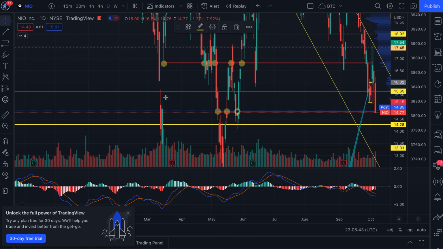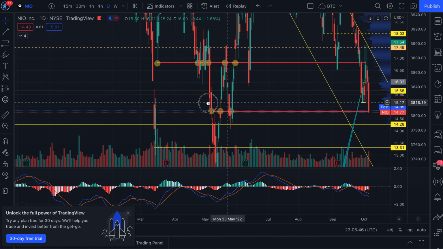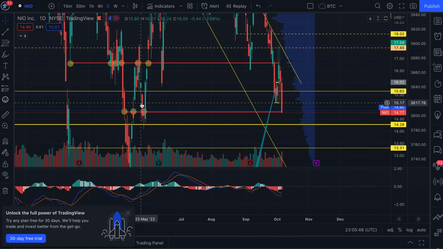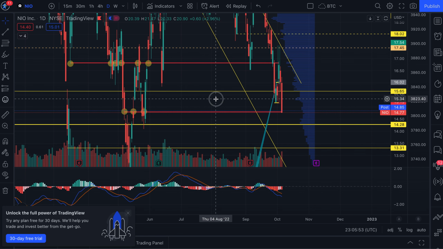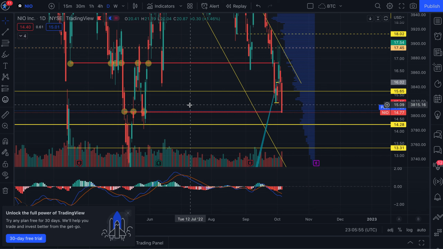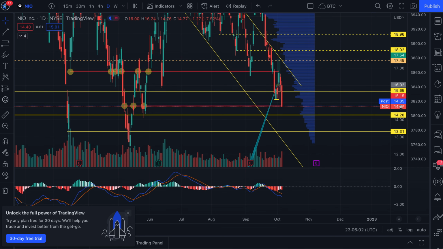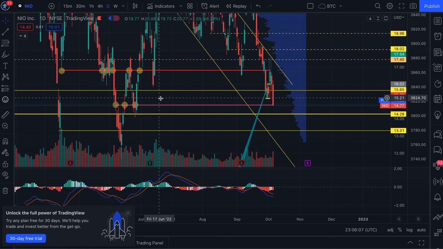Now, important for two reasons to go back and find them is, number one, because you want to understand where your plan went wrong, or sort of failed or didn't go exactly according to plan, etc. And then the other reason is because those might be future levels of importance. So I guess that is how to miss levels on a trade plan.